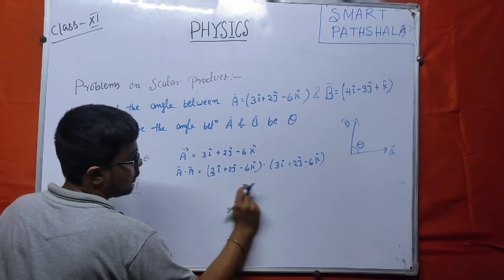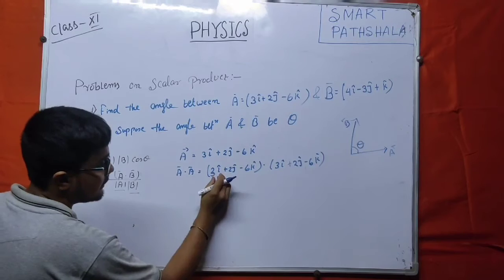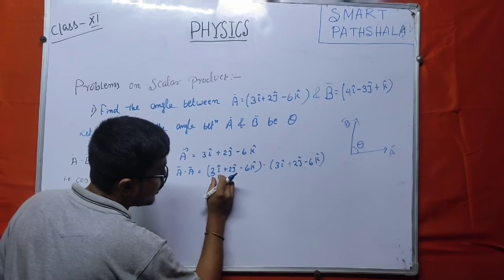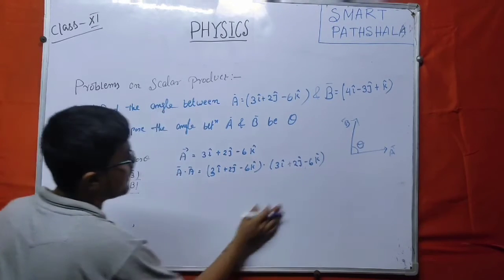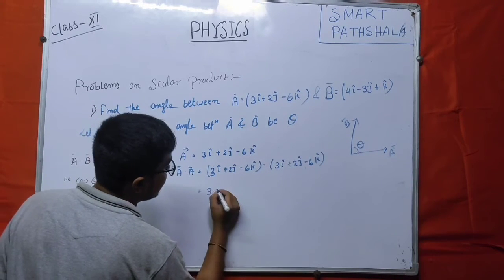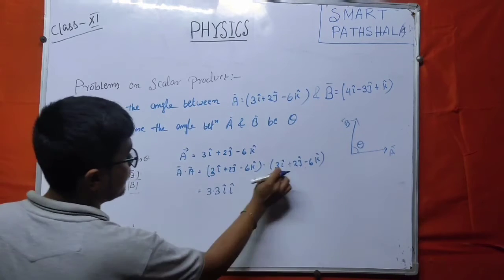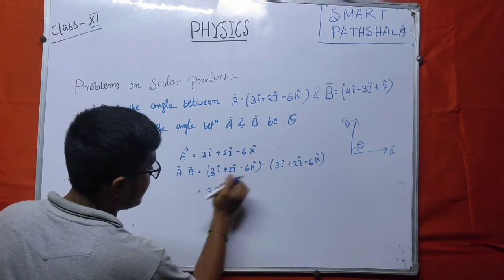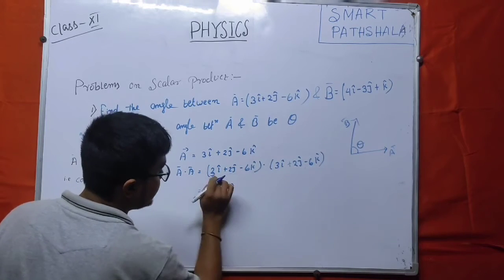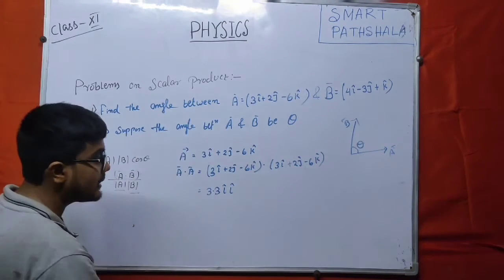The dot product of different unit vectors will give us 0, but the dot product of the same unit vector will give us 1. So 3i dot 3i. This into this, again this into this. 3i cap dot 2j cap will give us i dot j, which becomes 0.